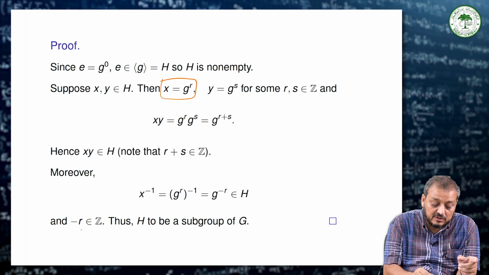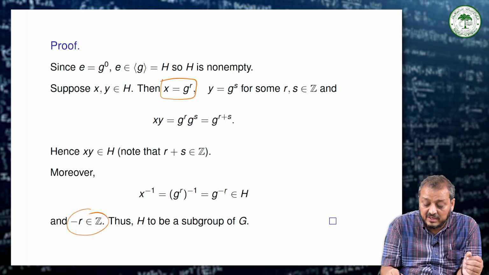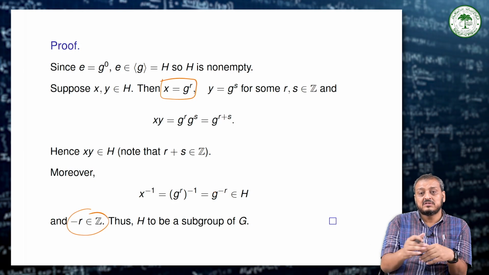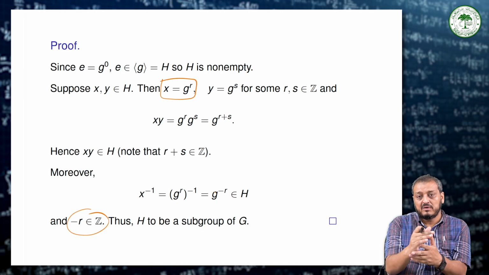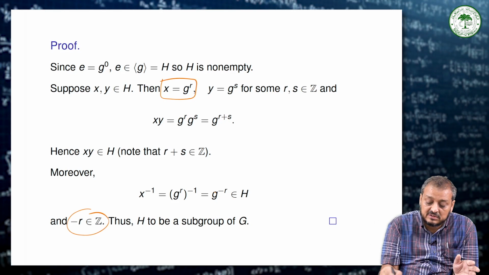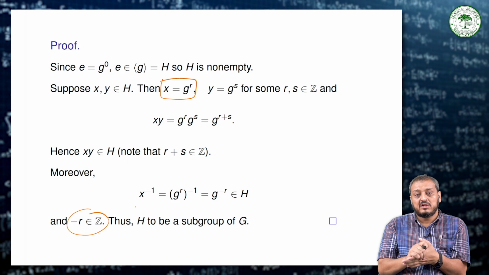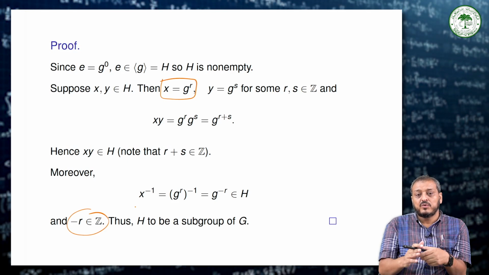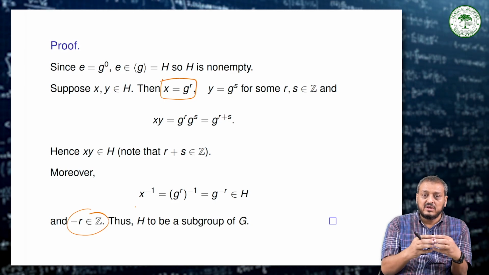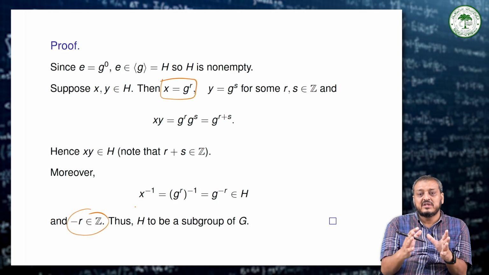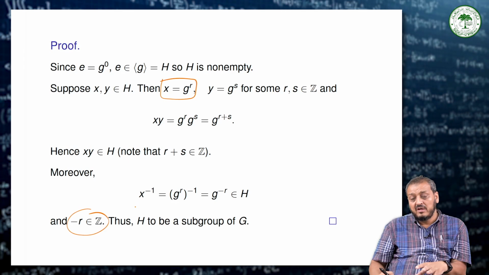And r is an integer, so minus r also belongs to Z. So x inverse is generated by g to the power some integer, so x inverse is also an element of H. So all three properties of a subgroup hold here. We showed that H is non-empty, closed, and inverses exist. So we can say that H generated by g is clearly a subgroup.